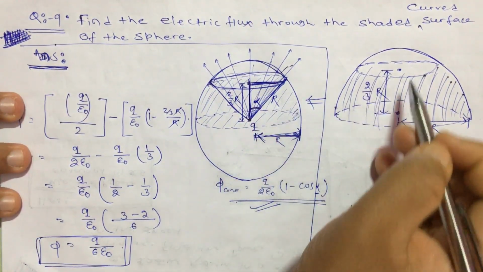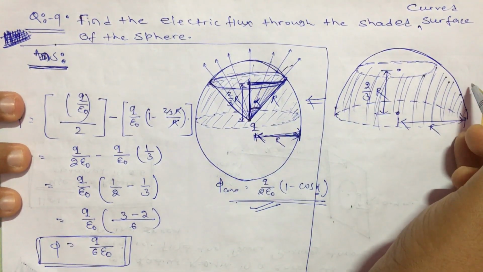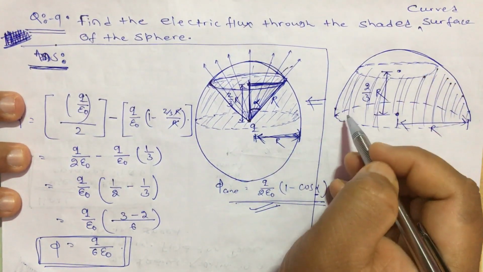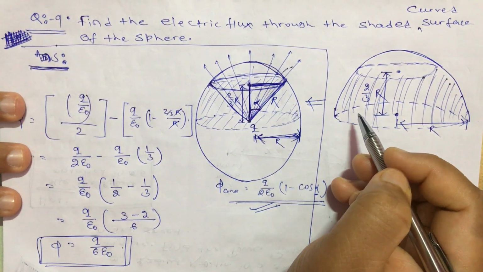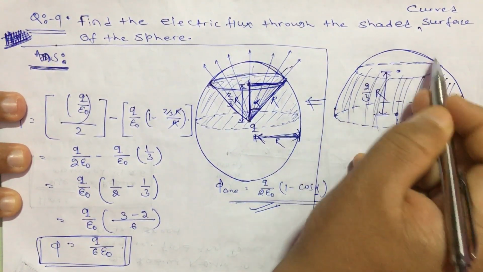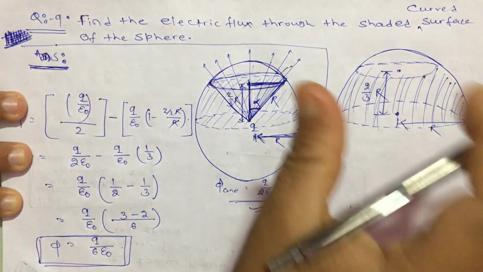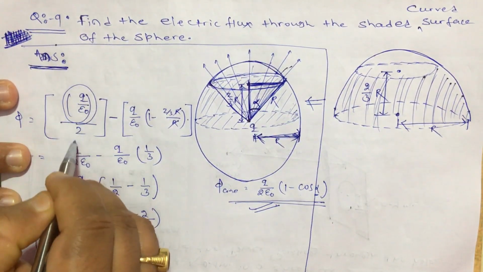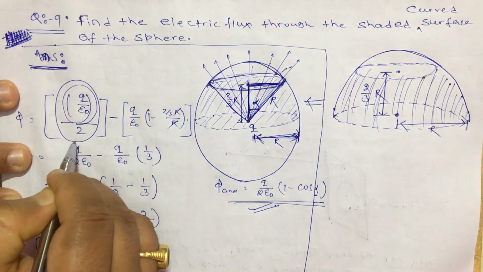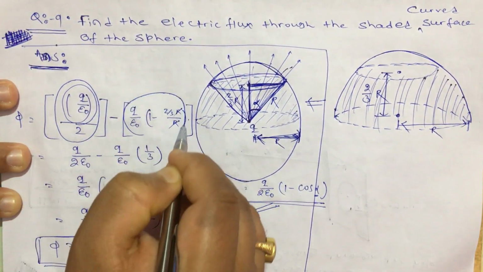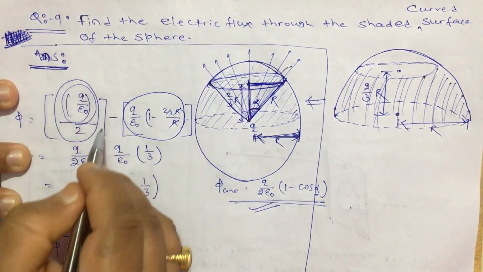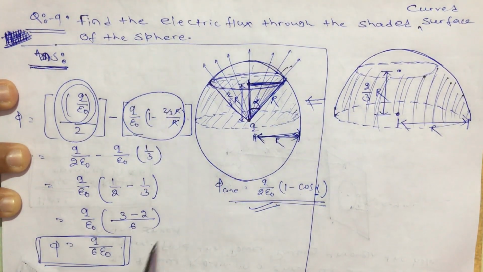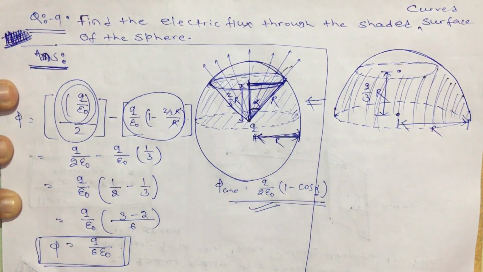Because to find the electric flux through the shaded region, we have to find the flux through the total hemisphere and subtract the flux passing through the remaining area. This is the flux through the total sphere, this is the flux through the total hemisphere, this is the flux through the cone, and total hemisphere flux minus flux through the cone gives the flux for the shaded region.